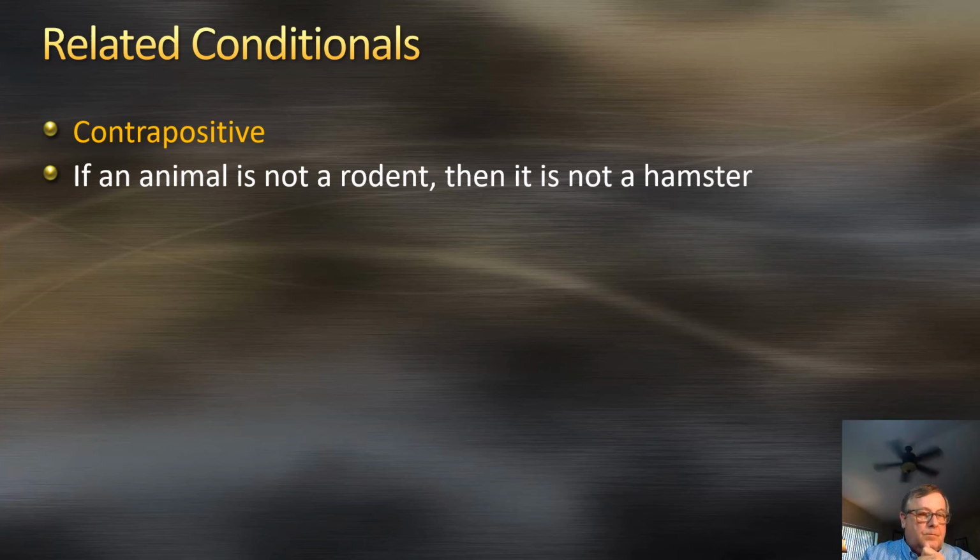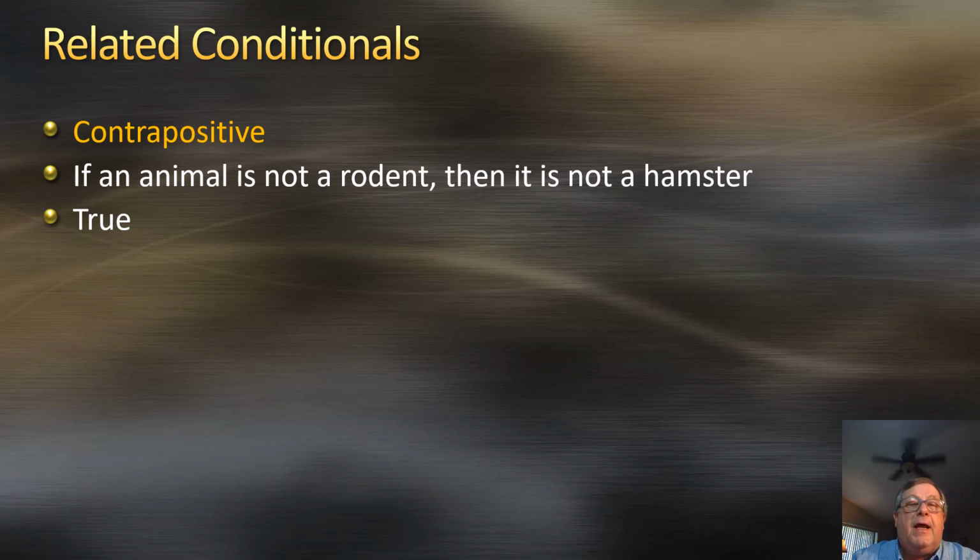Well, that would be true. So what we see here in this example is that both the conditional and the contrapositive are true. And the converse and the inverse are both false.